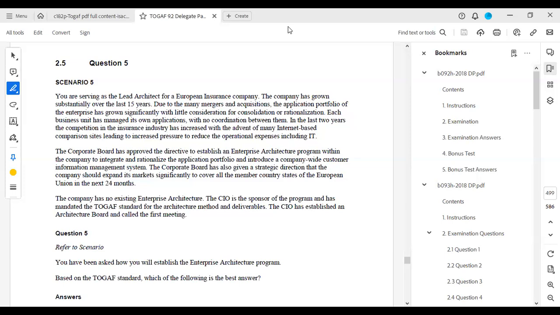But what is the page number for this? Page number will be page number 1.